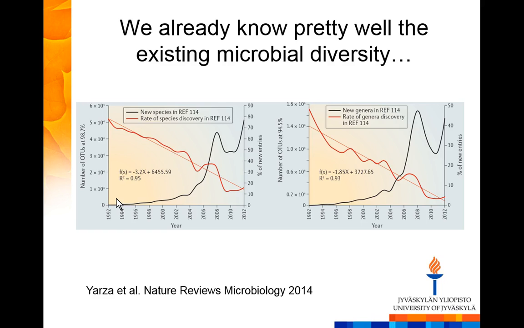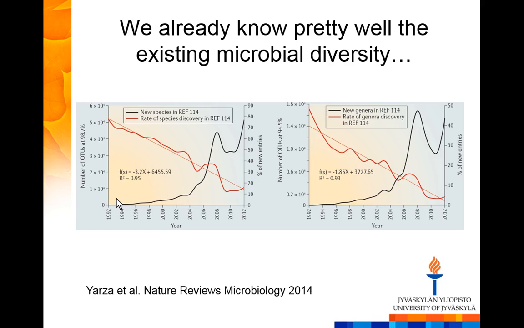So the rate of genera discovery, bacterial or prokaryotic genera, is really going down. And so the databases already have so much of the diversity. We don't necessarily have the right names, but we have already done so much sequencing that very much of the 16S diversity already is in the databases.